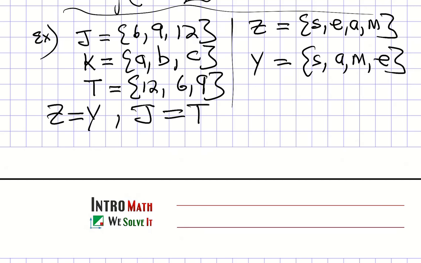See, it's all mixed up, but there's the same elements and the same number. And then notice that K is equivalent to T, because they both contain the same number of elements, even though they're different. You see that? So that's how you deal with that.